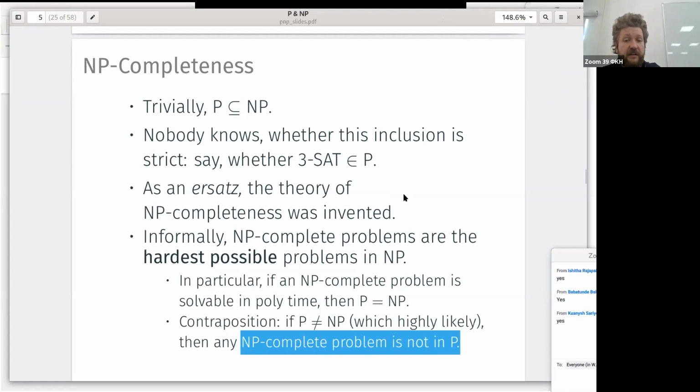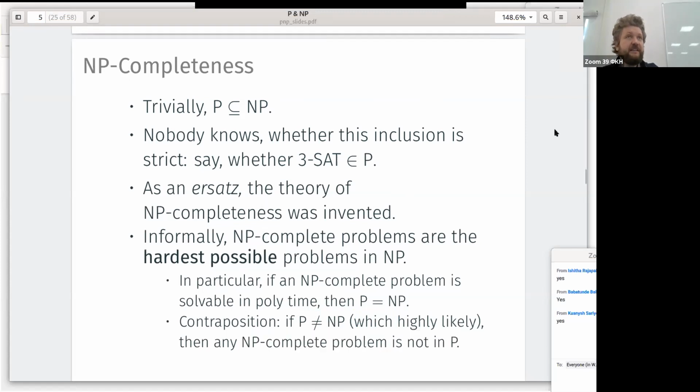So the theorem of NP-completeness is the concretization of the P not equal to NP claim. We start from the conjecture that P is not equal to NP, and we derive the result that a concrete particular problem is not polynomially solvable. So this is how this theory works.